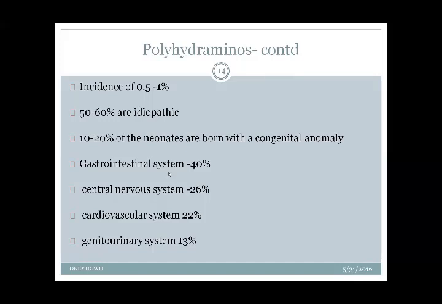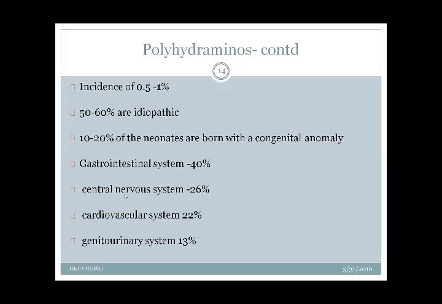uterine cavity, amniotic cavity. Then coming to the central nervous system, again we studied that the membranes excrete more and more of the fluid. So in cases of anencephaly or any other central nervous system abnormalities where the membranes are exposed, they're excreting more and more of the fluid, which is accumulating inside the uterine cavity.